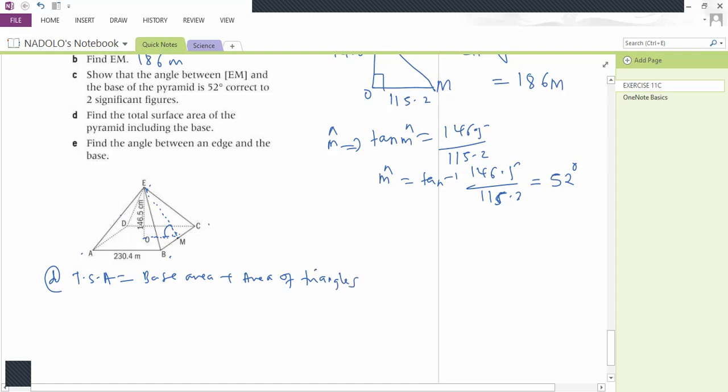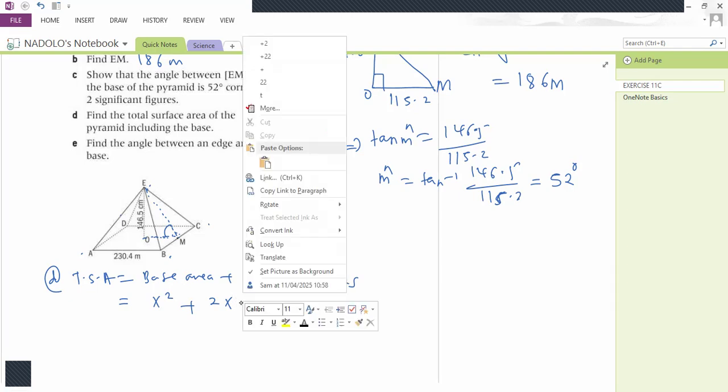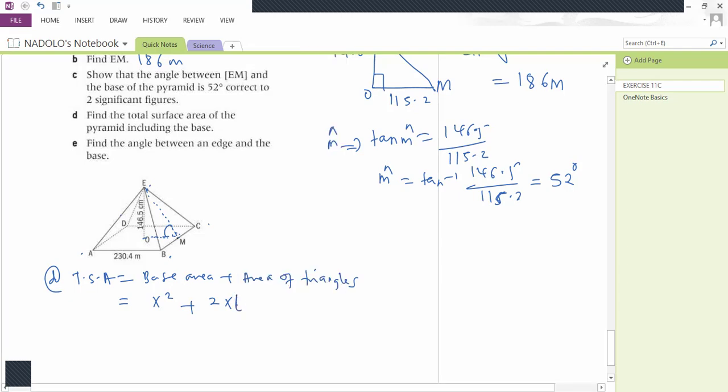We did this in exercise 11B, and we said that this is the same as saying base squared plus 2x times the perpendicular height of one triangle. We call it L or H, no problem. So x is the side length of the square you have, because this is a square.